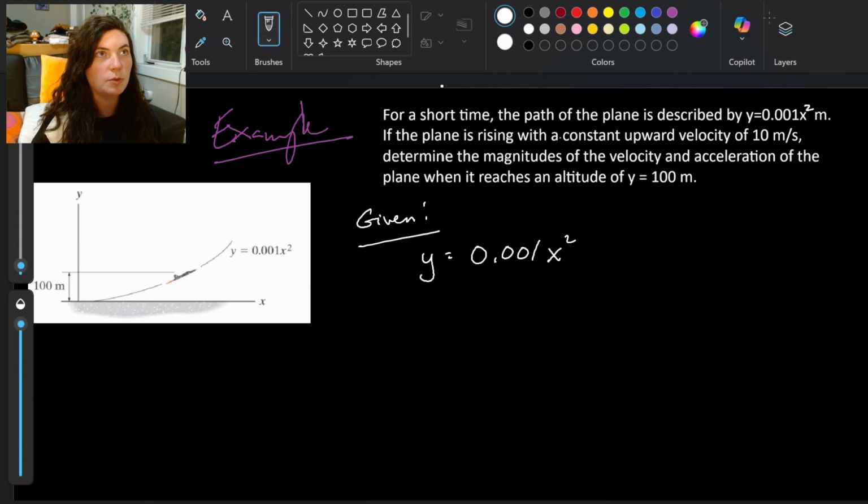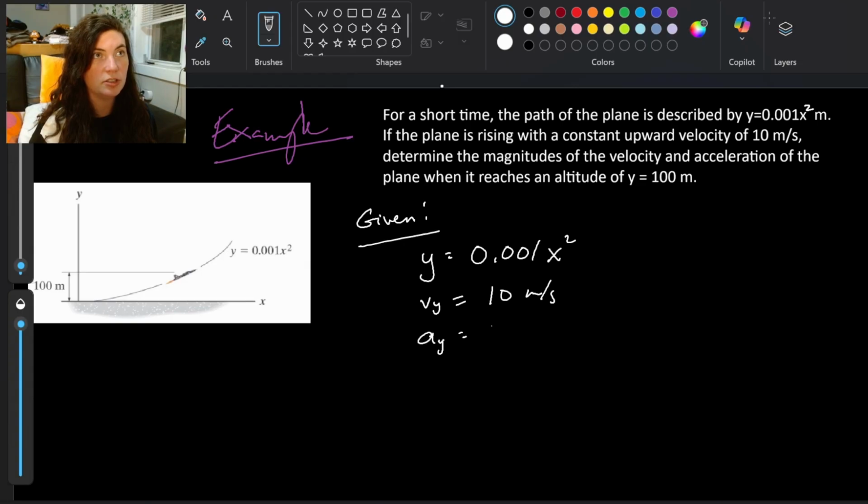Next, our plane is rising with a constant upward velocity. Constant upward velocity. What that tells us is really two things. One is that the velocity upwards, so in the y direction, in looking at this picture, upwards is our y direction, is going to be a positive 10 meters per second. But it also tells us implicitly that there is no acceleration in the y direction.